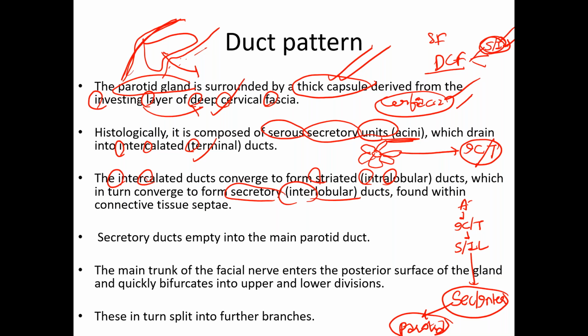So acini are the main units. They go towards the intercalated ducts, or terminal ducts. You have to remember ICT.